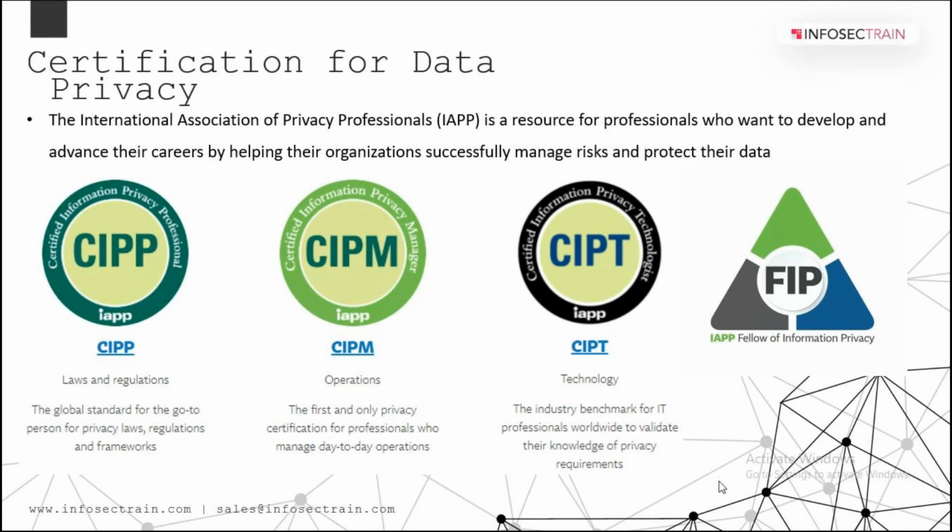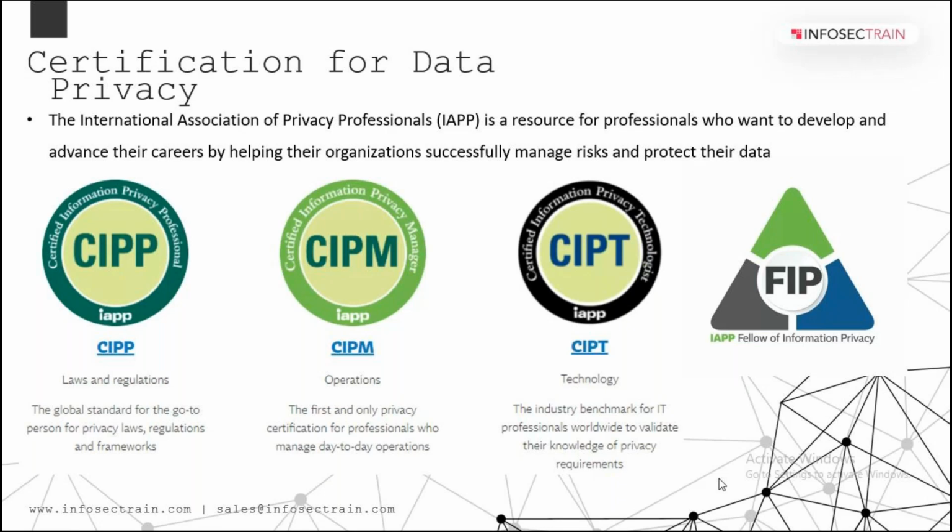And CIPM is Certified Privacy Manager. It's again a very important course which gives you the mileage in terms of handling the entire privacy program for an organization. So the ladder of how you progress is that CIPPE gives you the entire basics of the data protection law of Europe, which goes into very detail.